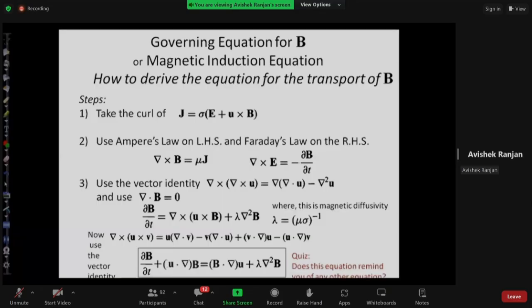The first term is the local change in magnetic field. The second term is advection of magnetic field because of the flow. The third term is just like for vorticity: it is tilting or turning of the magnetic field because of the flow, or also the stretching of magnetic field lines because of the flow. The final term is the diffusion of magnetic field because of magnetic diffusion effects.